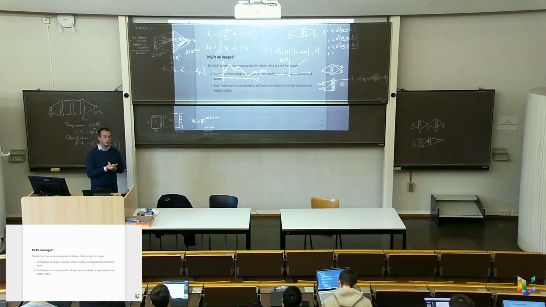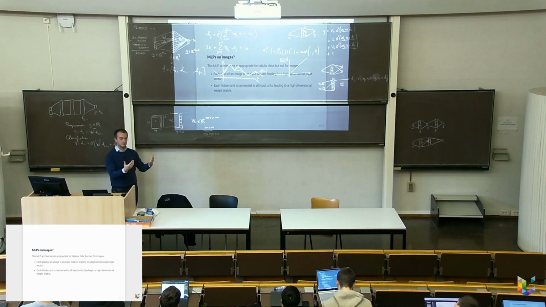Can you see another problem? Let's say you're given the image of a dog, and I ask you, is it a dog or not? Do you need to look at the entire image to make this decision? If it's a big image where there is a dog somewhere, do you need to look at the entire image? No. Okay?